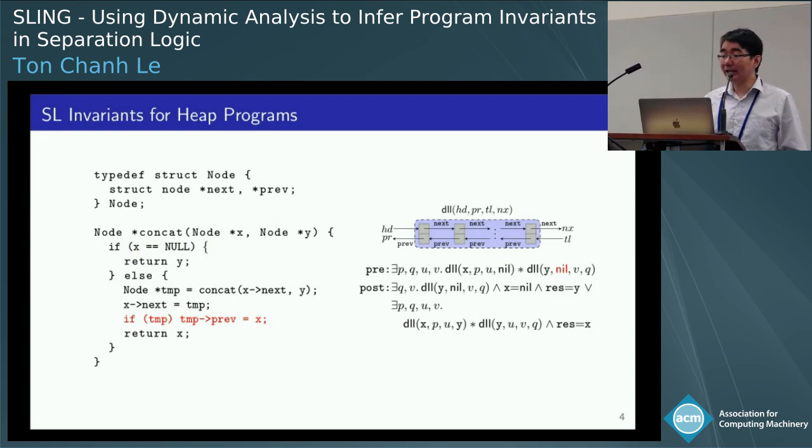On the other hand, it requires that the previous node of the DLL Y is also null to avoid a possible memory leak when we update the previous field of the doubly linked list Y. For the post condition, we see the update on the next field of the doubly linked list X and the previous field of the doubly linked list Y, to indicate the connection between the two lists in the result.